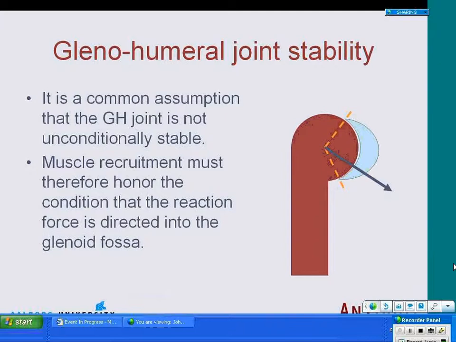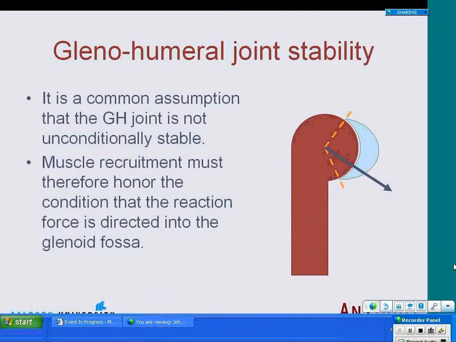So the glenoid is a fossa in which the humeral head is resting, and in which the two can articulate with each other. However, this glenoid fossa is rather shallow, and in fact probably more shallow than what you can see on this schematic drawing. And this raises the question of how the gleno-humeral joint is actually stabilized.